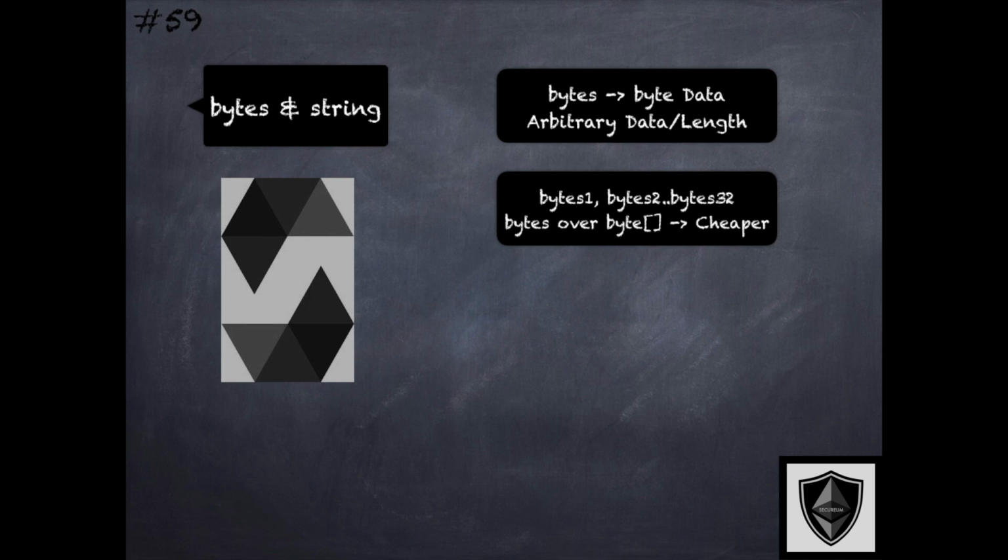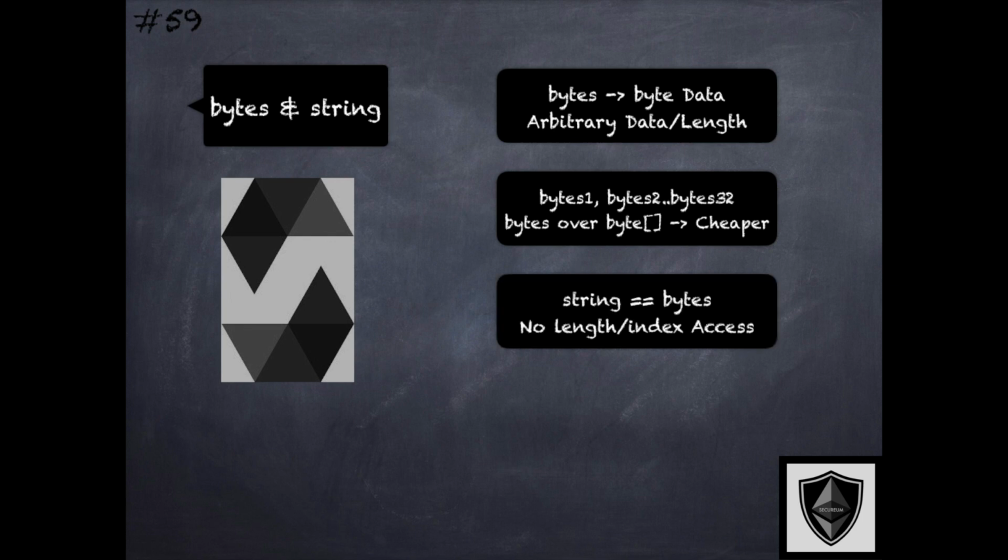But if we do not know what the size is beforehand, then we can use the bytes type. And even there we have a choice of bytes or the byte array we talked about earlier. And recall that the byte array uses 31 bytes of padding for every element stored and leads to wastage of that space. So it's preferable to use bytes over the byte array.